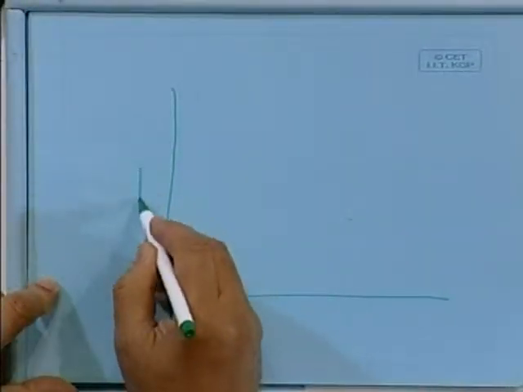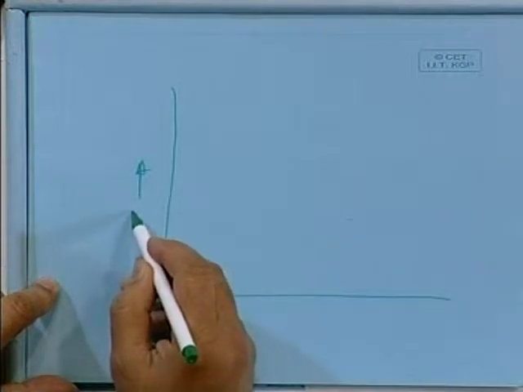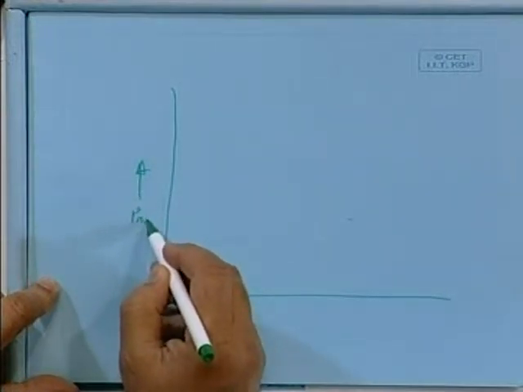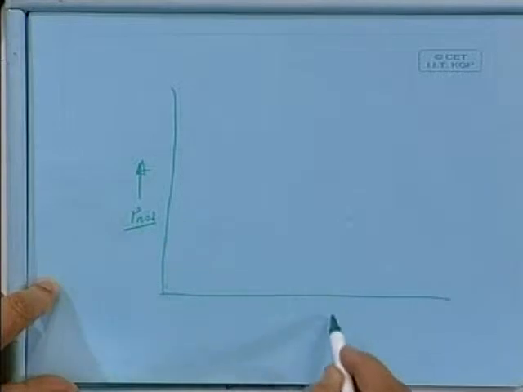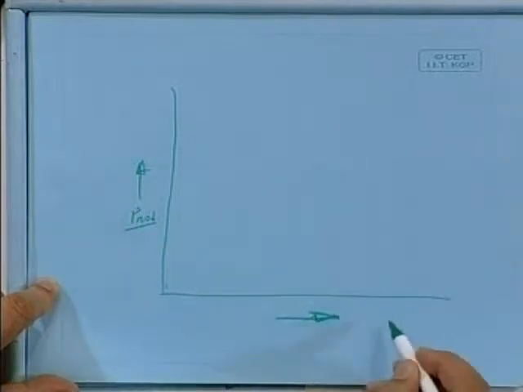Say this is efficiency or productivity. And this is, let's say, scientific methods, say automation or mechanization.